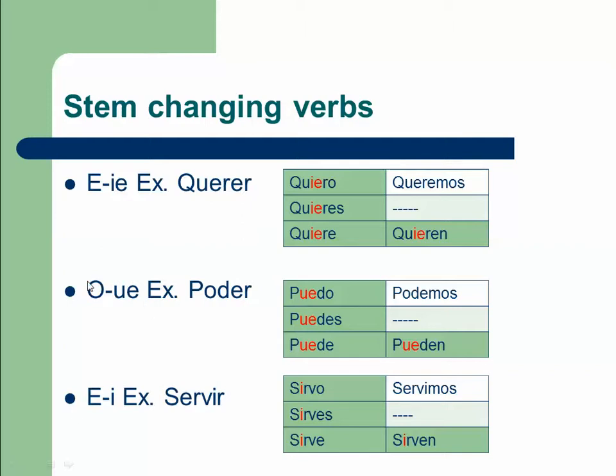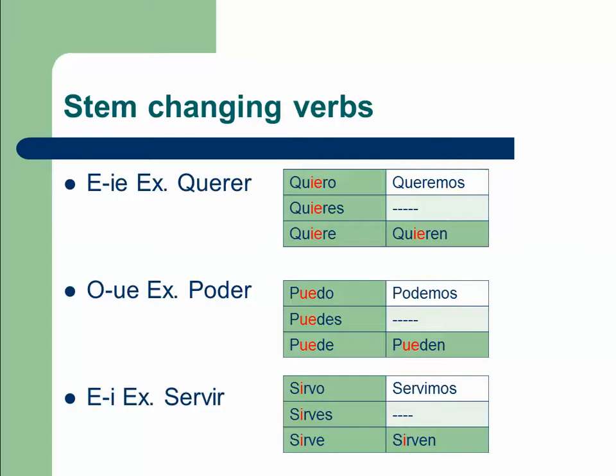If it's an E though, you could have either E to IE or E to I. But remember, there's only like three that are E to I. So you really only have to worry about knowing those three and then knowing that all the rest of them are E to IE. And then that way, if you see an E in the stem, you know it's a stem change to IE. If you see an O in the stem, you know it's a stem change to UE.